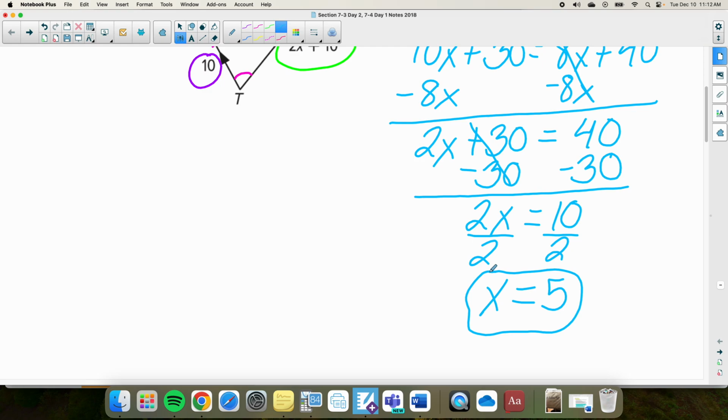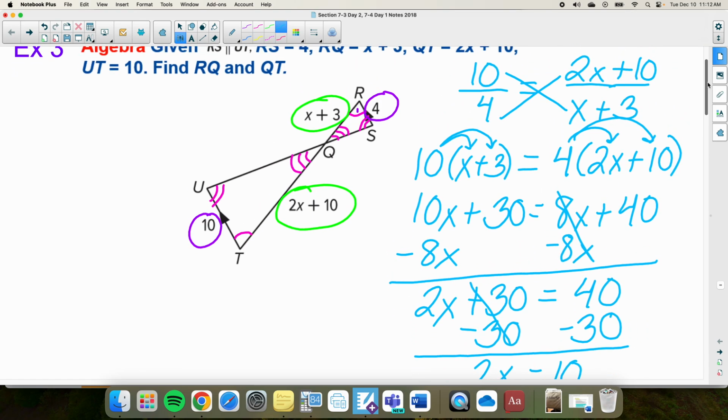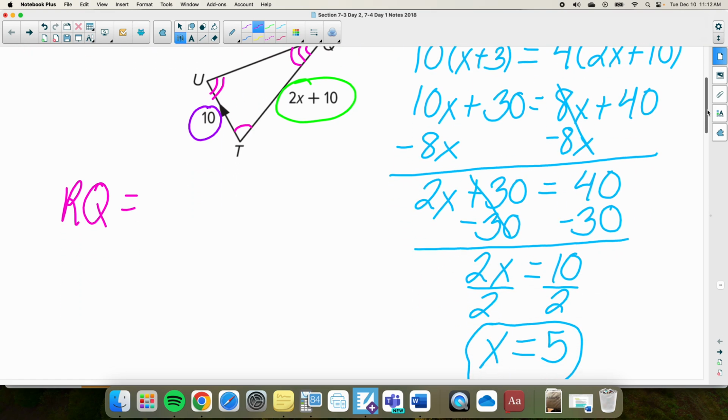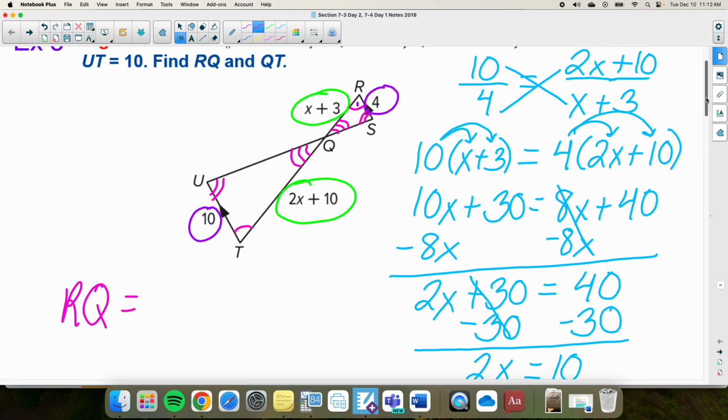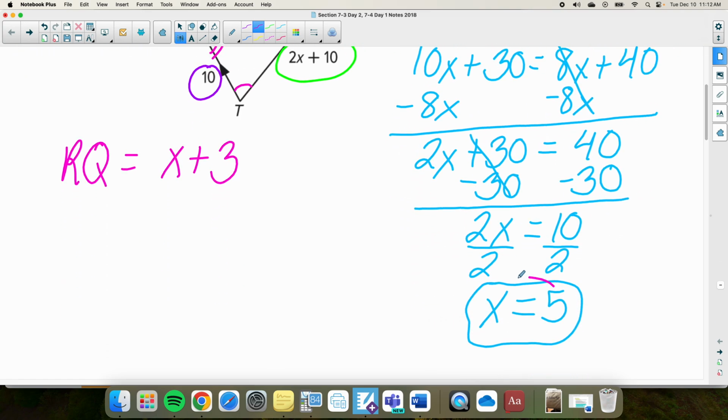Now, that wasn't one thing it asked for, but you have to find it to find what we want. And what we want is RQ as well as QT. So I'm gonna take that 5 and put it into RQ here, which is X plus 3.